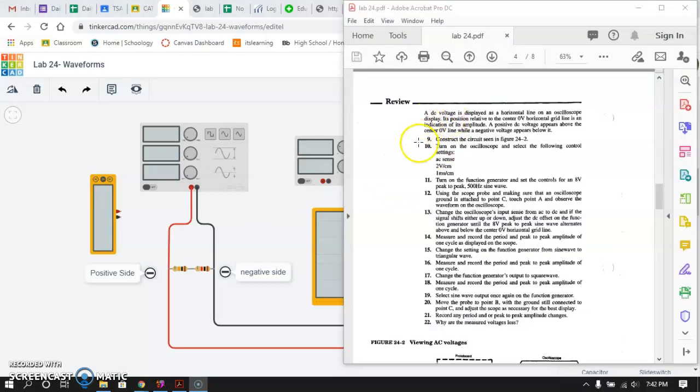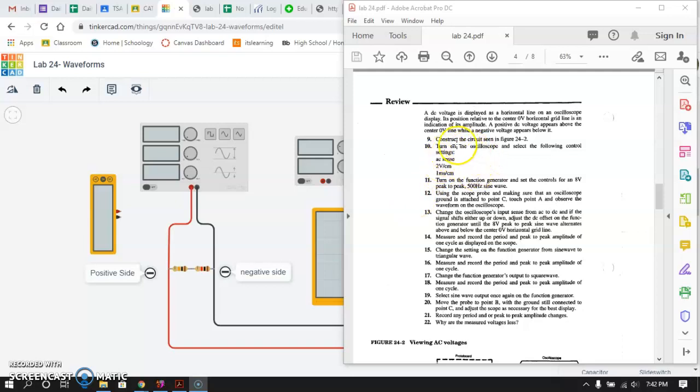Okay, here's the middle part of Lab 24. Remember, we've already looked at the DC voltage that was displayed as a horizontal line on our oscilloscope earlier. We saw that in the positive direction it was above the 0 horizontal grid bar, and when we switched the polarity, we saw that it was below. But it stayed as a line, and it stayed at the 6 volts that was set there.